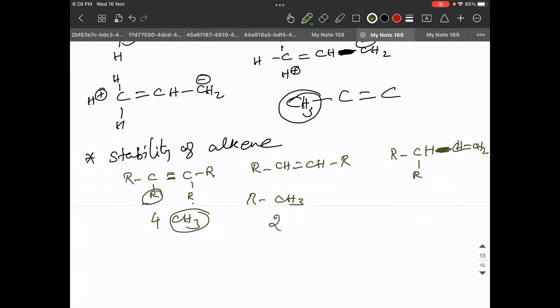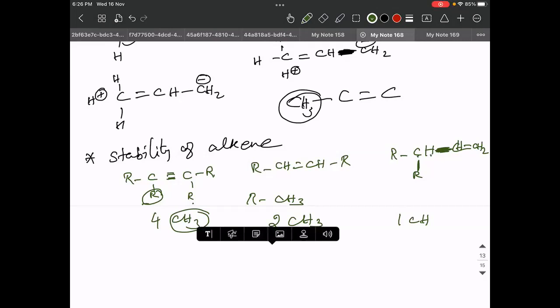Here 2 CH3 groups. Here 1 CH only, it has only hydrogen. When you are coming to this, it's not a conjugation. You have only one carbon hydrogen. So which will be more? The first structure has more stability than the second structure, than the third structure.